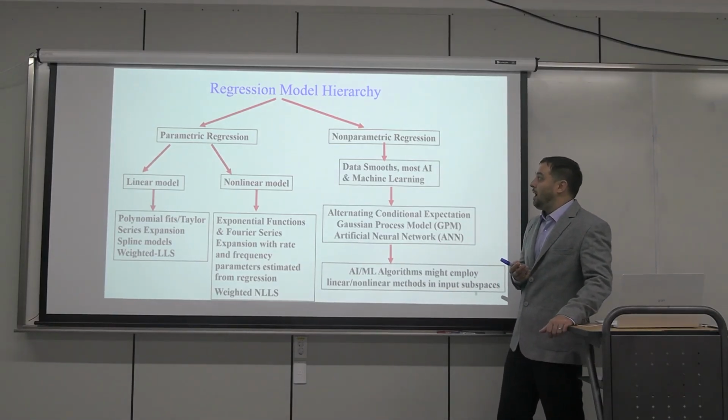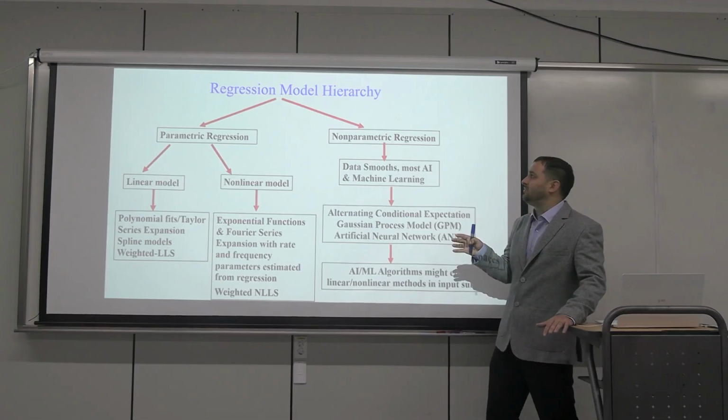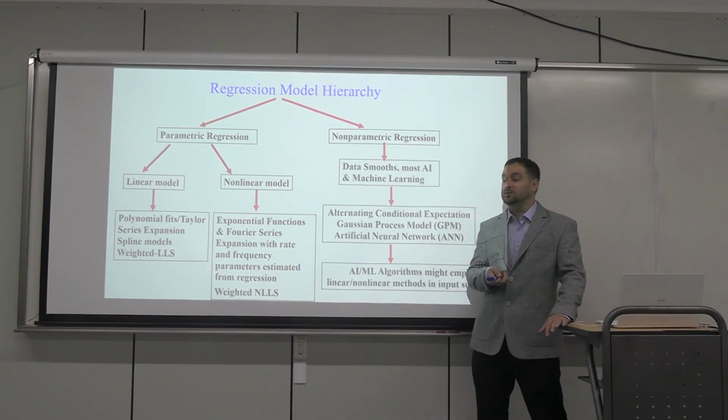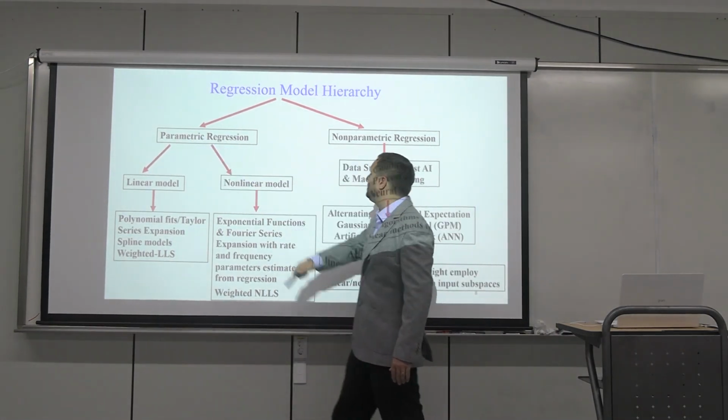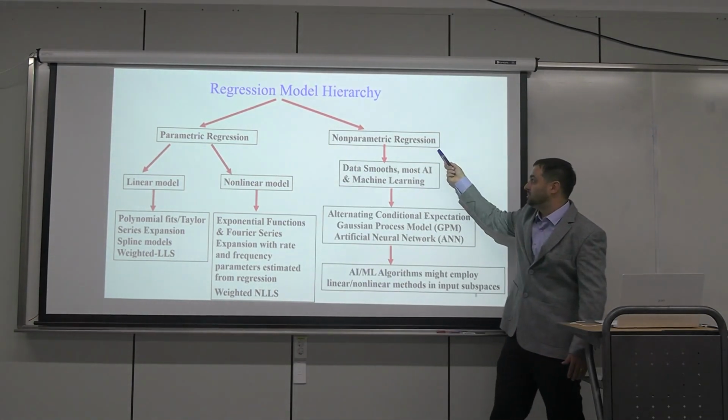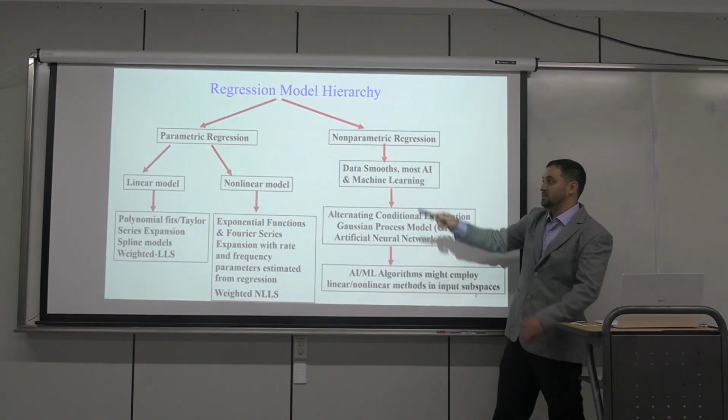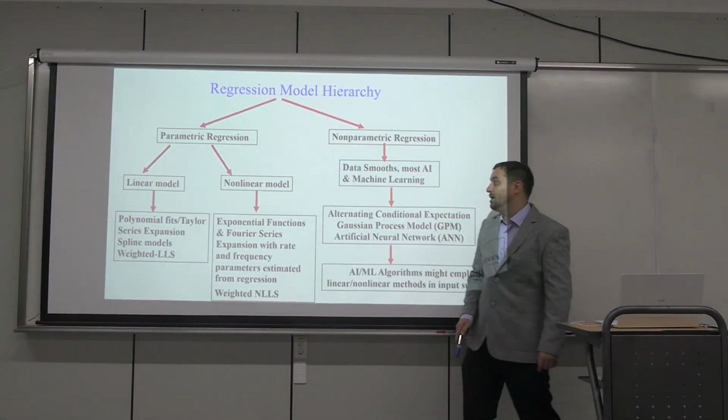This is the way I classify regression models. There are two major classes of regression models: parametric regression and non-parametric regression. Let's start with the parametric regression side.